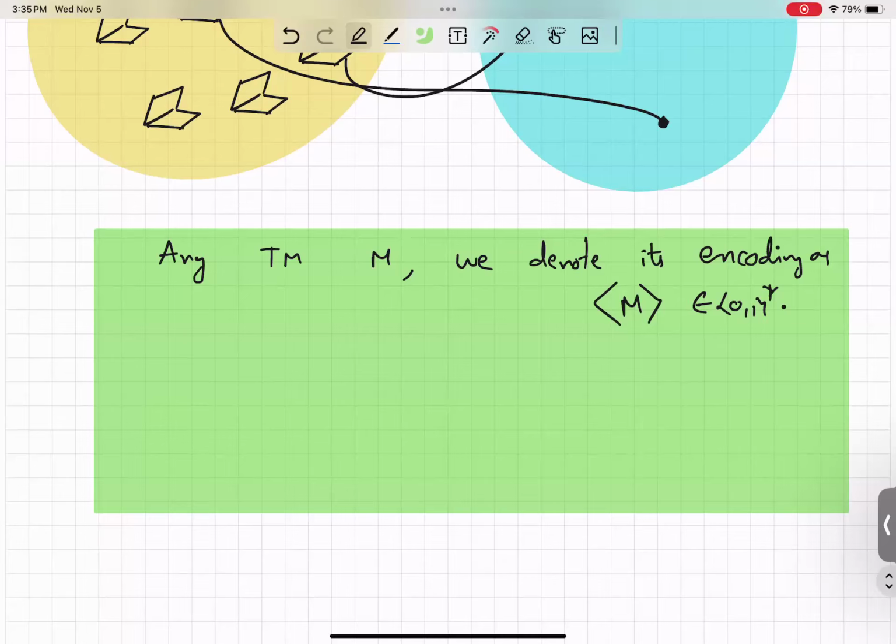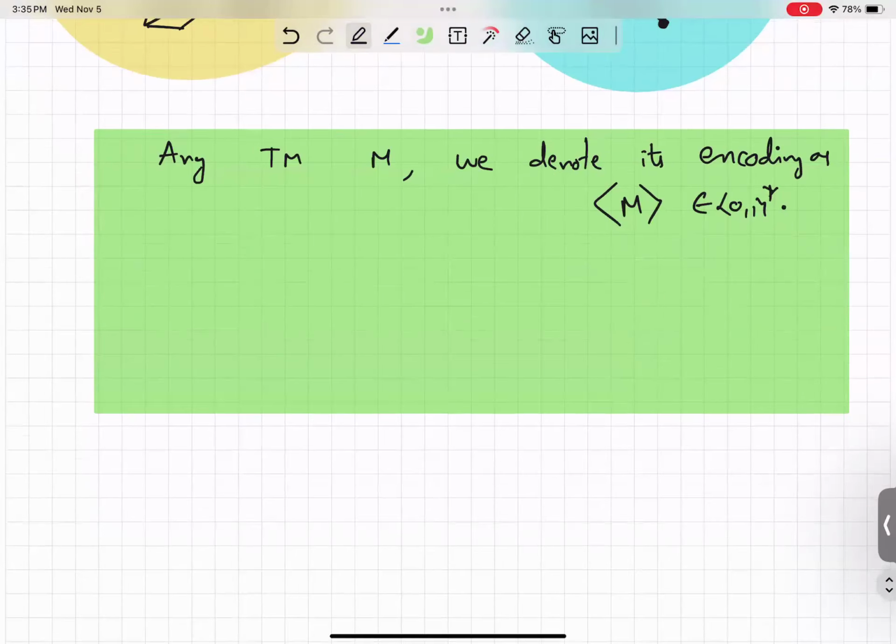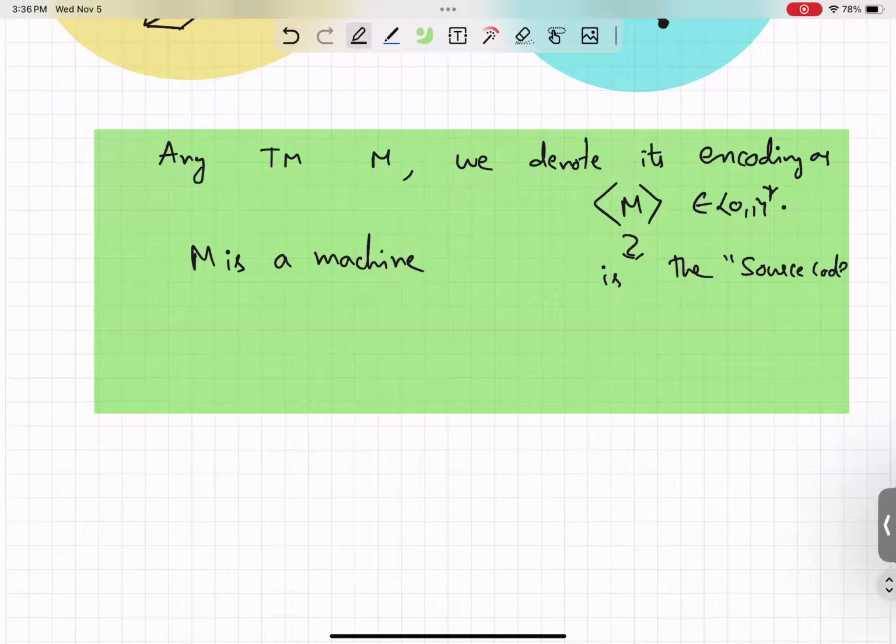So just these angle brackets mean that I'm looking at the encoding of the machine as a binary string. You have a machine, I convert it into a binary string. These angle brackets are referring to the sequence of bits which describe the machine completely. All right. And you can think of it as, qualitatively, M is the machine, this is the source code. Okay. Any questions about this?